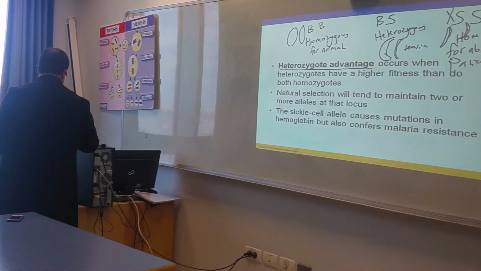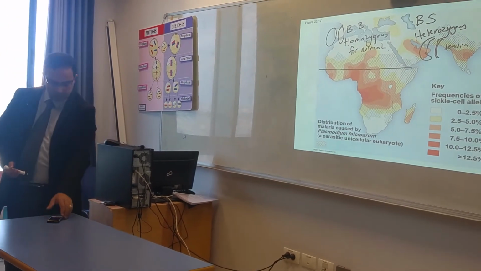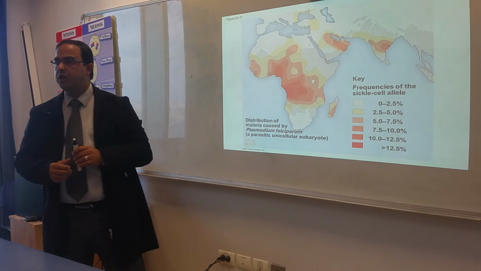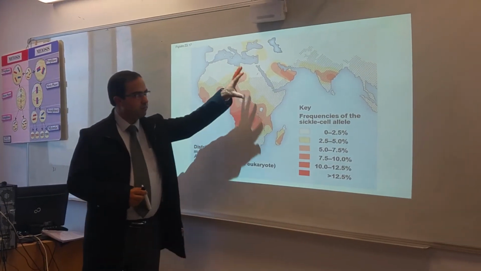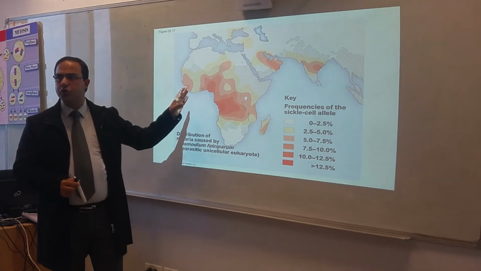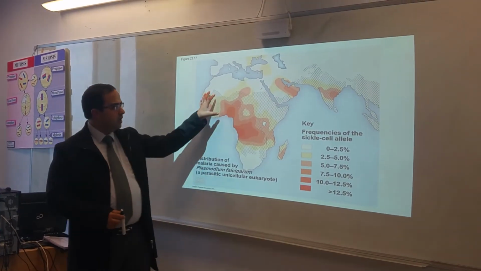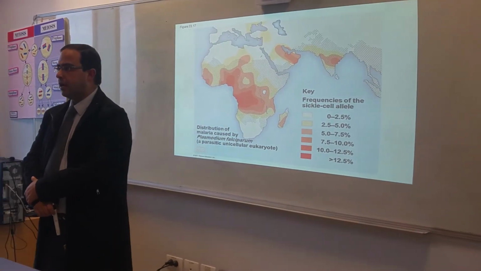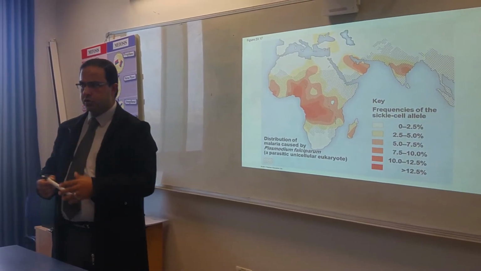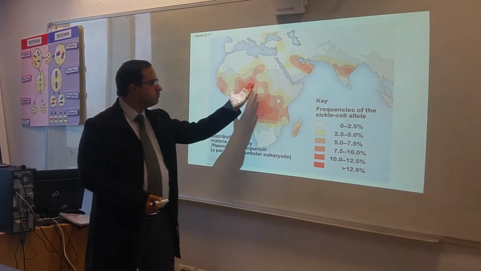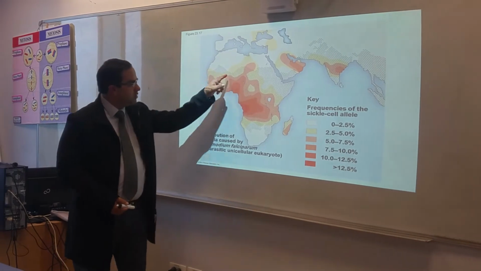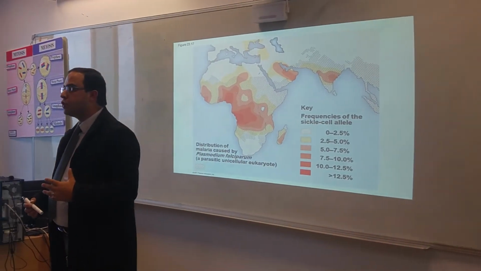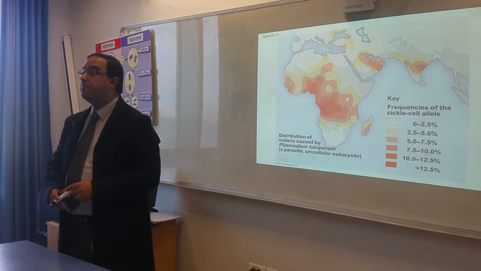Let us take the following example of this phenomenon, heterozygous advantage. This map shows the distribution of two things: the frequency of sickle cell carriers, sickle cell heterozygous, worldwide, shown by these dots, and the distribution of infection by malaria.